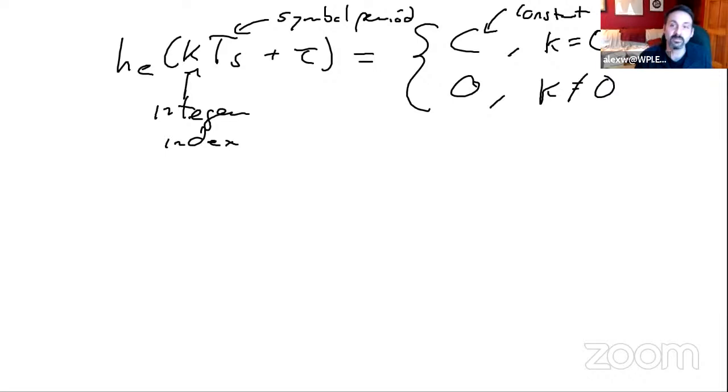And then, of course, you have the tau that accounts for any delay between the transmit and receive clocks.